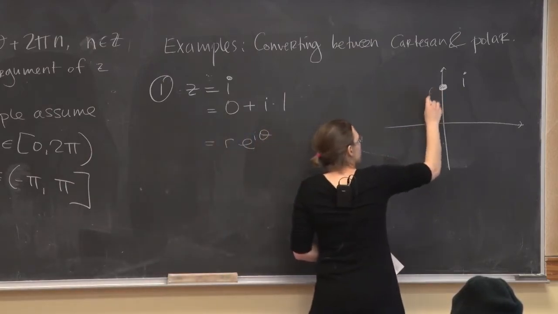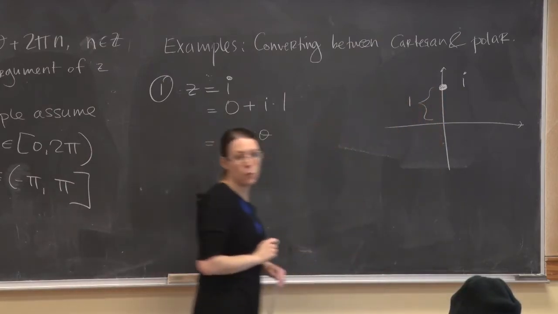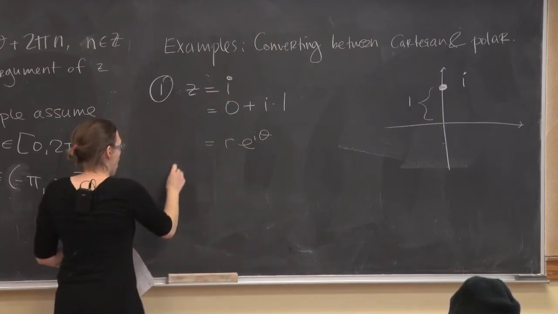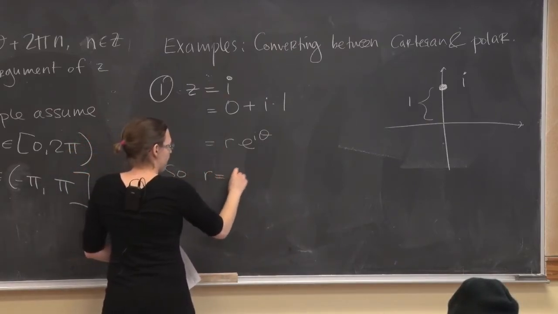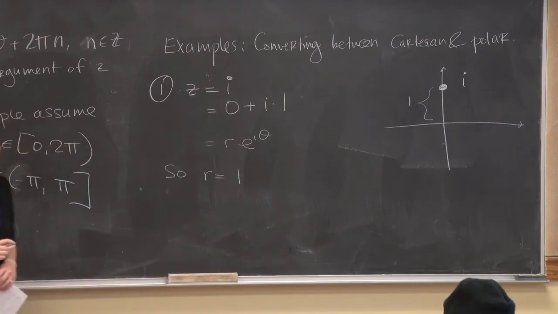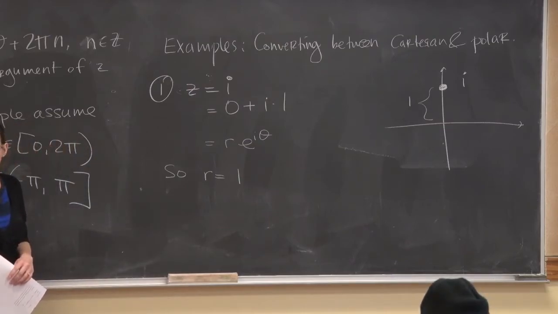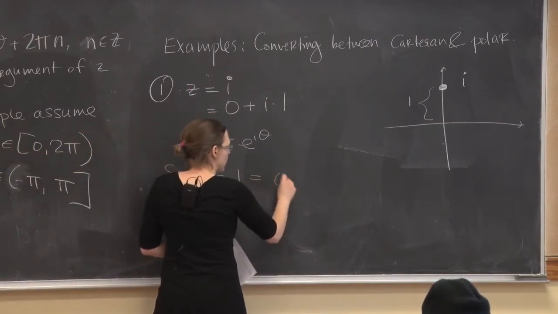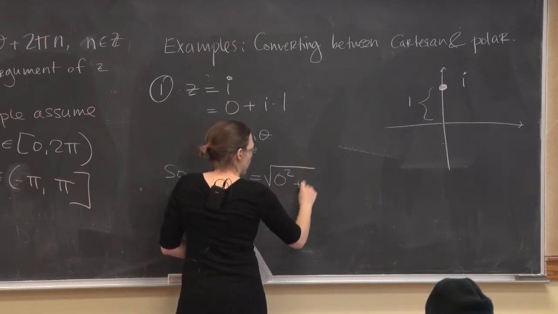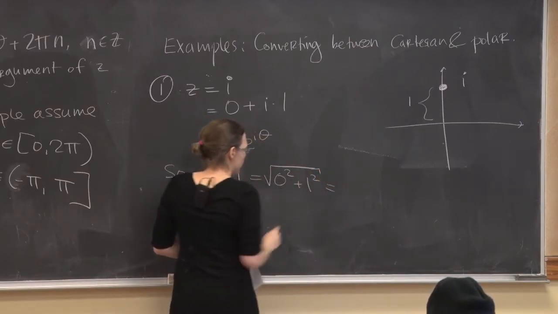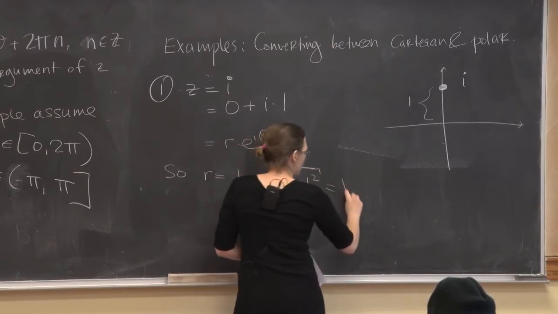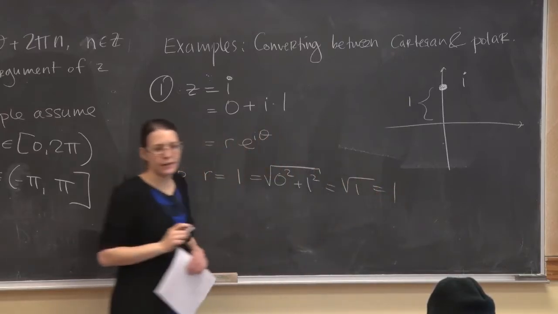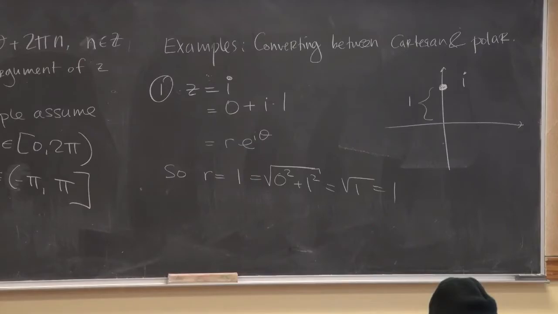So this has length 1, so r is equal to 1. It's a distance of 1 from 0, which I could get from the square root of a squared plus b squared if I felt unsure of myself and wanted to work it out with the formula. The square root of 0 squared plus 1 squared is 1. Okay, so I found r.